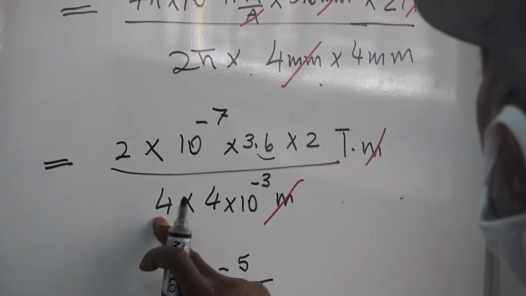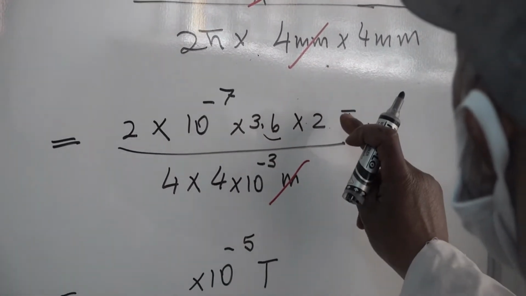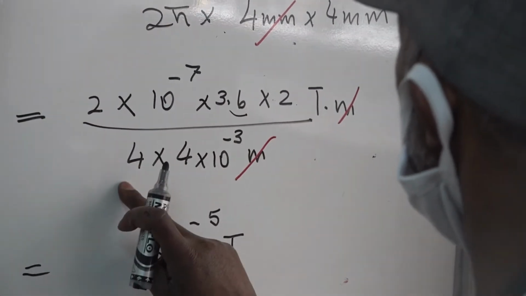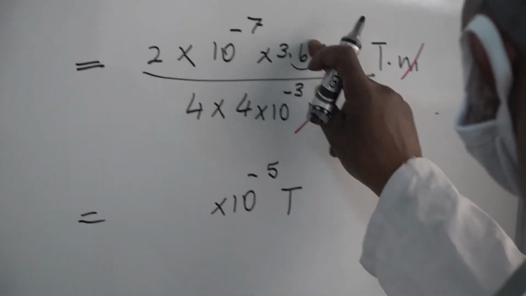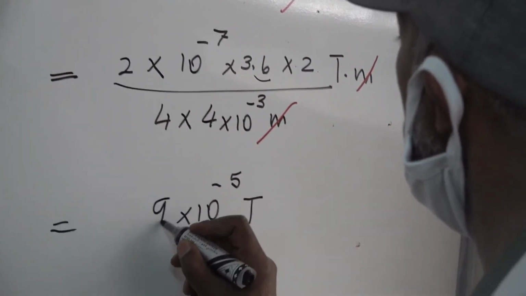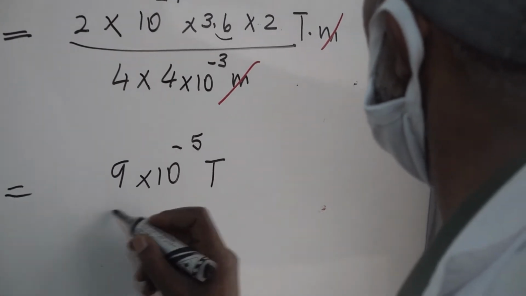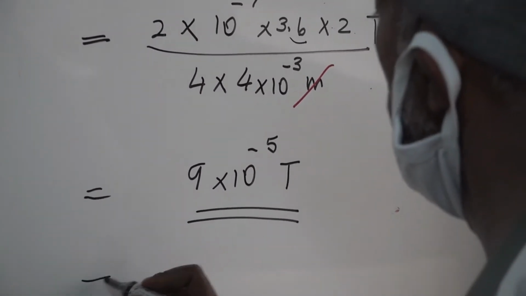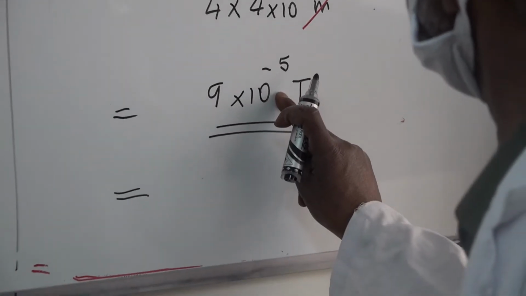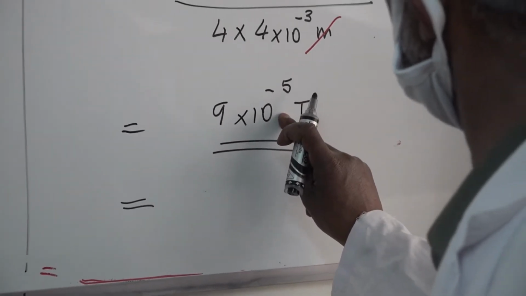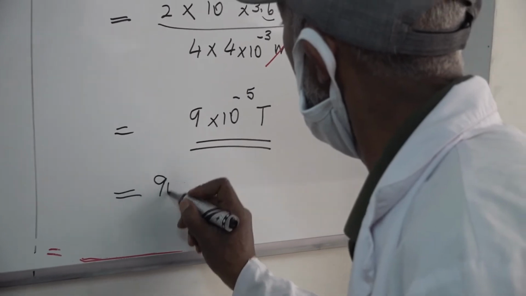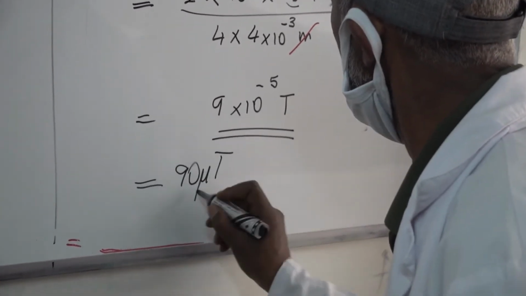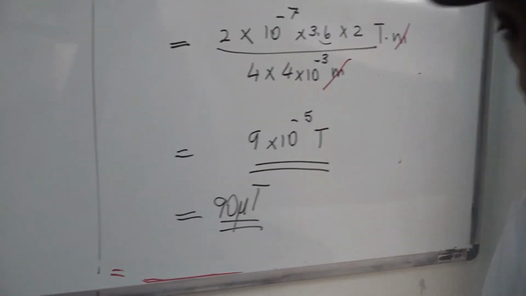Don't forget that. 2 cancels this 2. 2 times 2, 4 cancels. So by 4, 1, by 4, 9 here. So you have 9 times 10 to the power of minus 5 Tesla. That's the answer. If you want to express it in prefixes, multiply by 10 to the power of minus 1 and multiply by 10, so you get 90 micro Tesla.